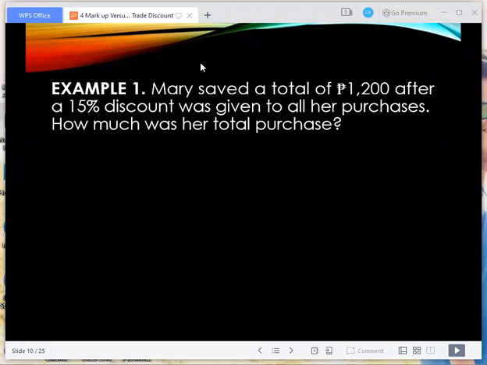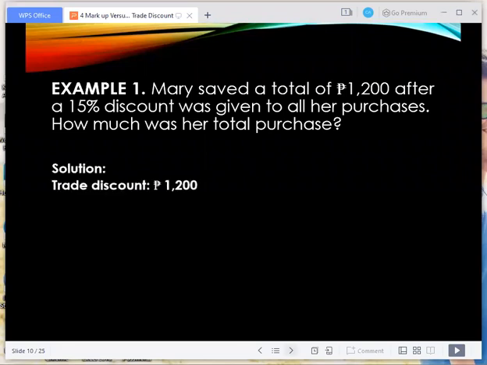So she saved 1,200. And that is 15% of the total purchase. Again, 1,200 is 15% of the total purchase. We have a trade discount of 1,200 and a discount rate of 15% or 0.15.